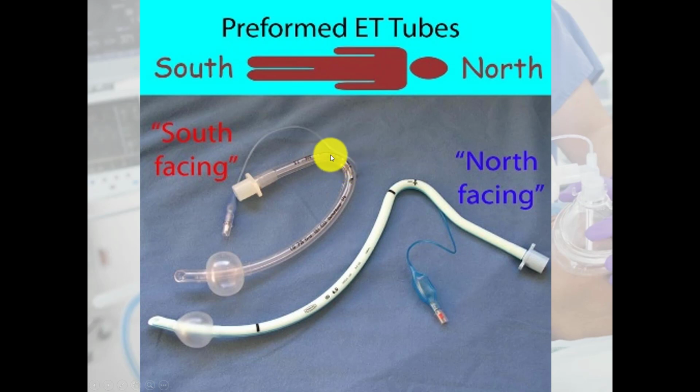So to avoid this complication, there is a ready-made endotracheal tube which has a bend in it. So this is the nasotracheal tube, and this is the orotracheal tube.